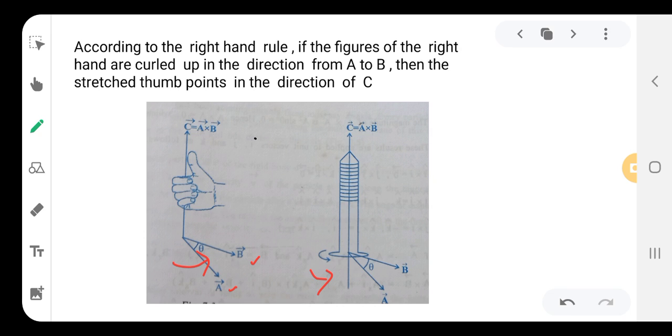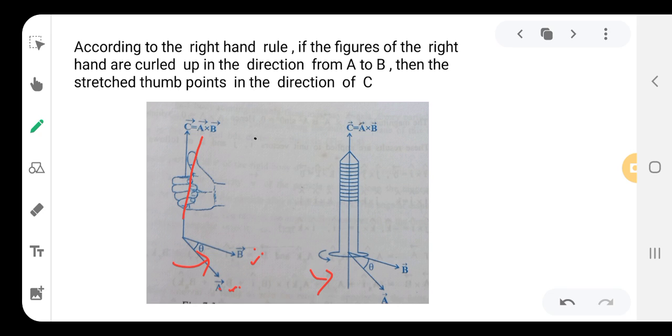The force moving upwards is the product of the two vectors A and B. These A and B are the two applied forces, and the third force will be the product of these two vectors, that is the force C.